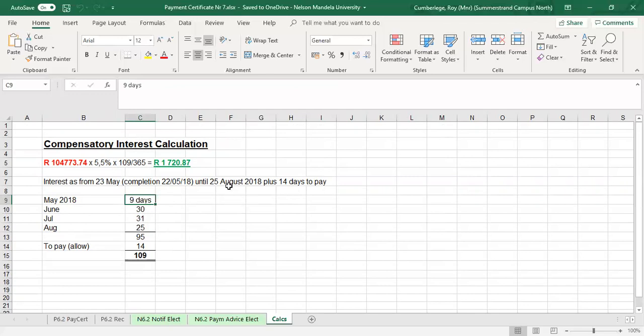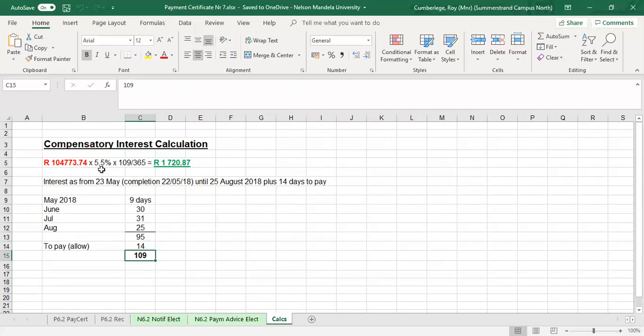We are issuing certificate number 7 on the 25th of August, and we allow an additional 14 days to pay. So the contractor now claims interest on 109 days. And note, there's no add-on 6% as we did for the default interest.